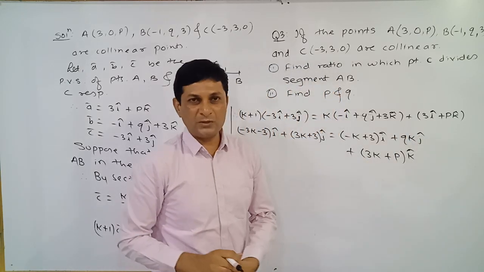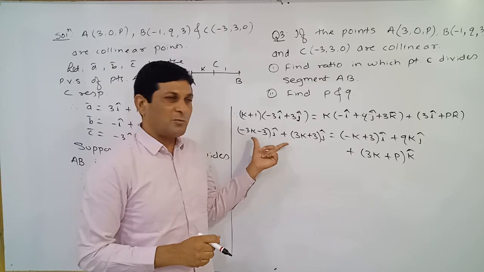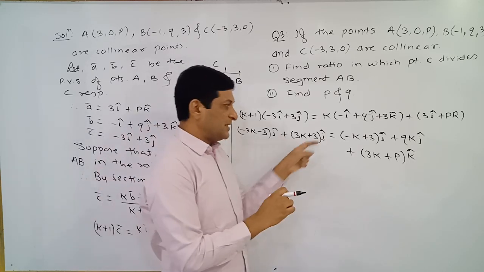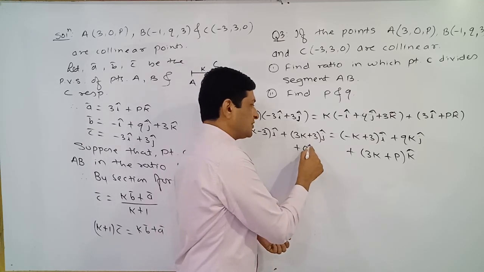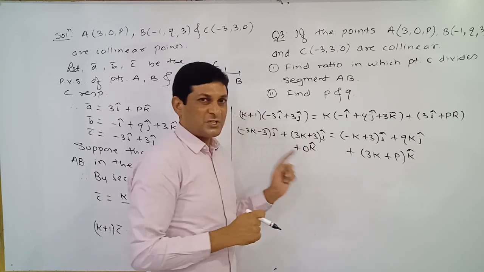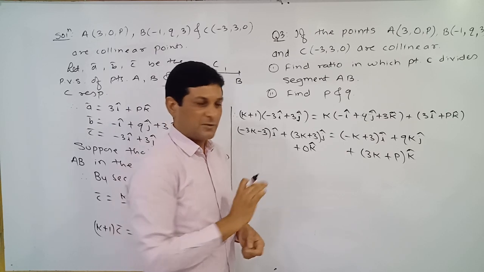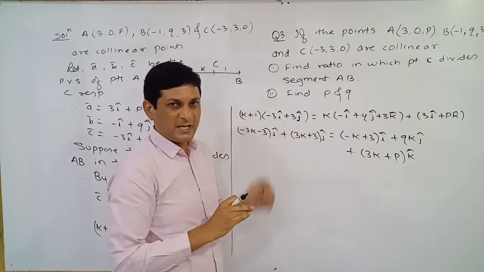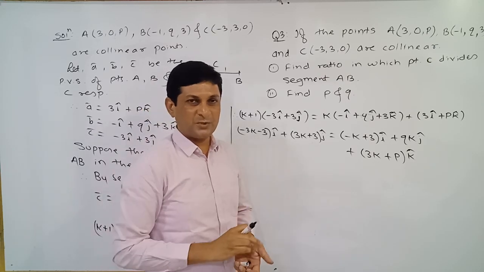Now if you observe both the sides, on this side also there are terms of i cap, j cap, k cap. Here k cap is there, but it does not appear. Its meaning is that 0 k cap is there, meaning the coefficient of k cap is 0. But it is not necessary to write that its coefficient is 0. If the term of k cap is missing, this means that its coefficient is 0.